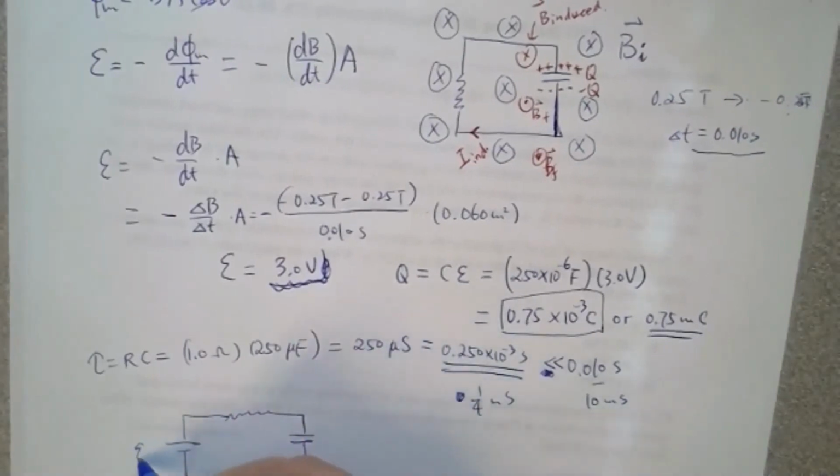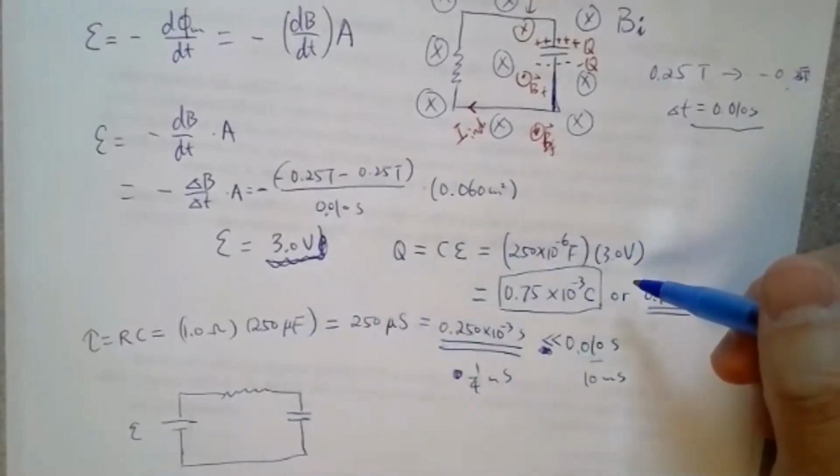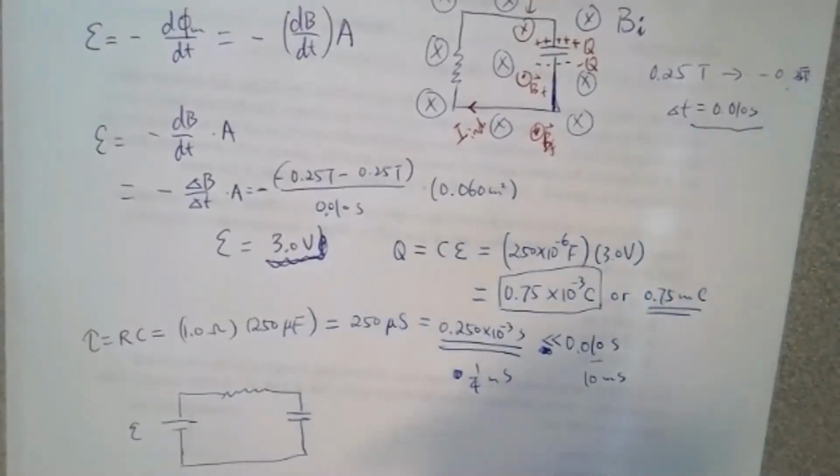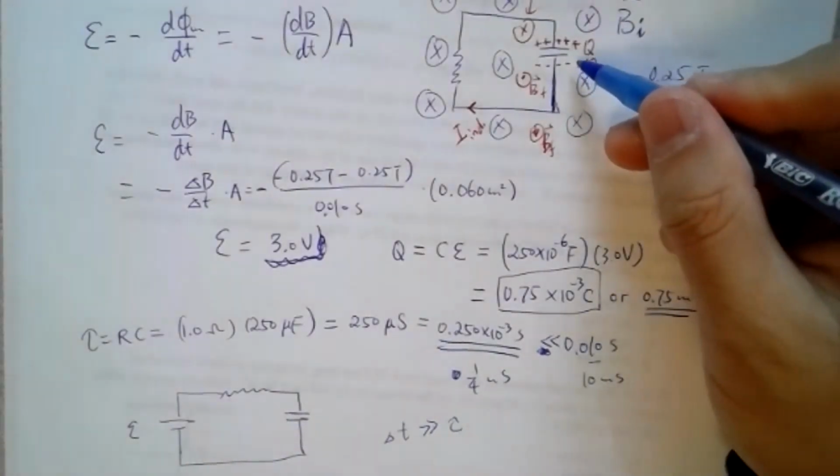This is the induced EMF from the changing magnetic field. So this is an RC circuit, right? If the delta T it takes for this change is much greater than your tau, then the capacitor will be fully charged.